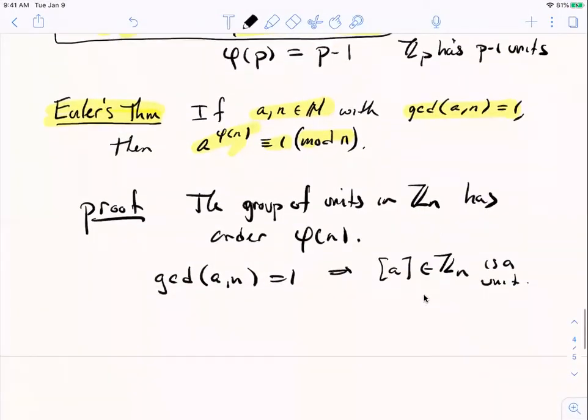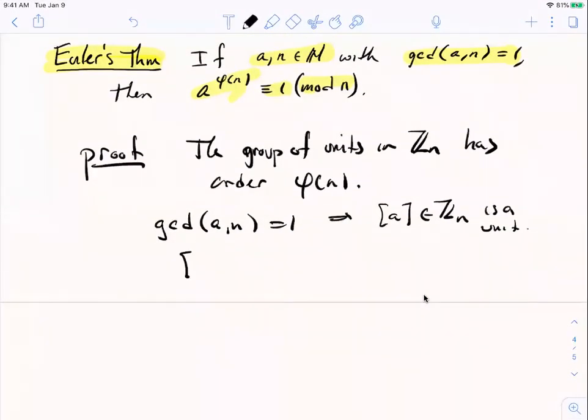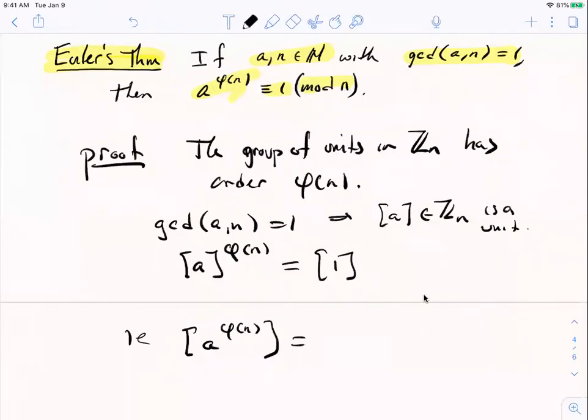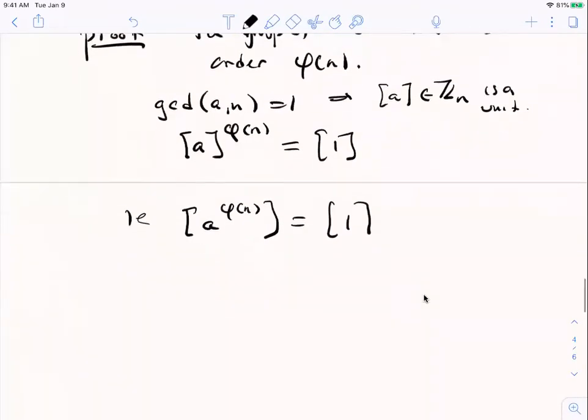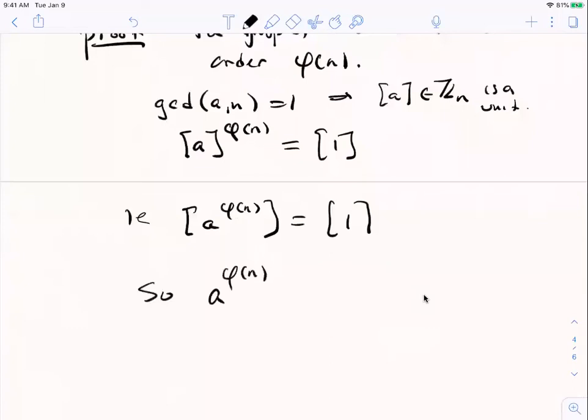And by Lagrange, if you take an element in a group and you raise it to the order of that group, you have to get the identity in that group. So that means that a raised to the phi of n's equivalence class is the same as the equivalence class of 1. And that's just the abstract algebra way of writing that a to the phi of n is congruent to 1 mod n.